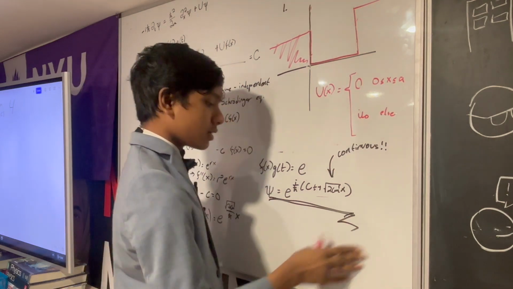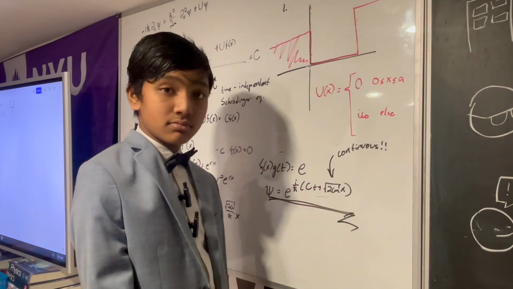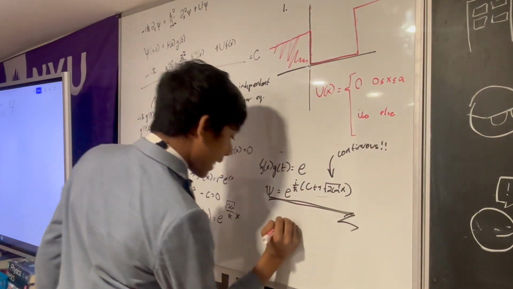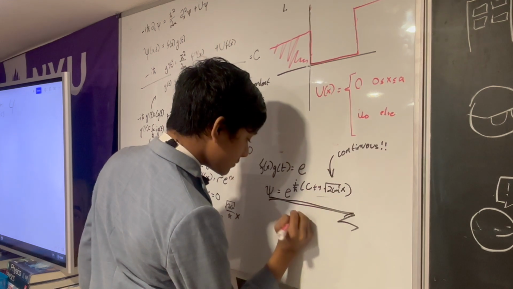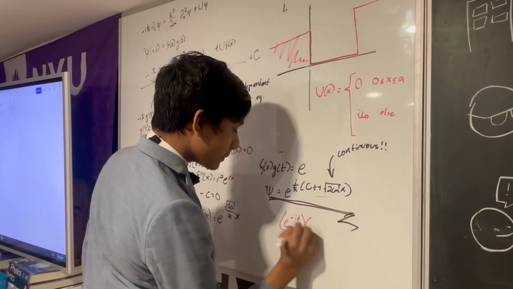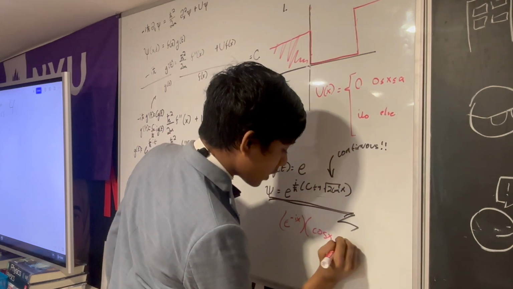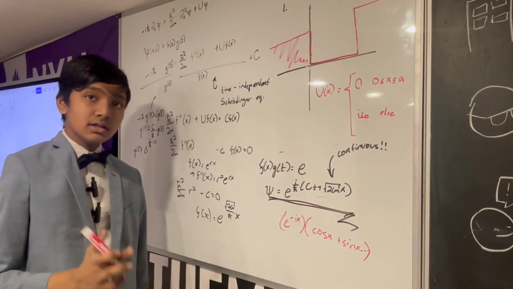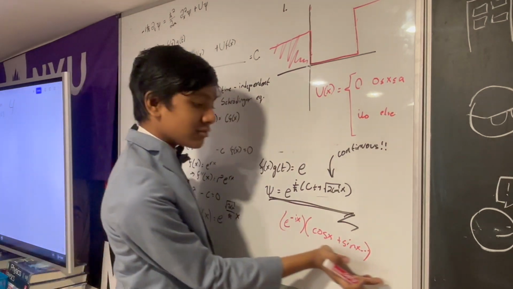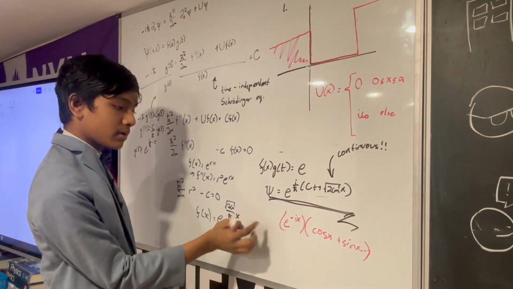So, how can we make sure that this wave is going to decay? Well, that always happens if you have e to the minus something multiplied by the sinusoidal functions that you want to decay. So, our solution outside the walls is going to take something similar to this form.